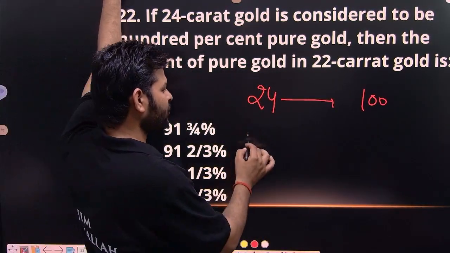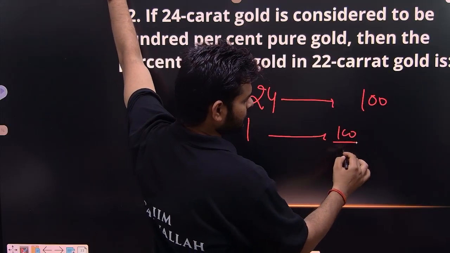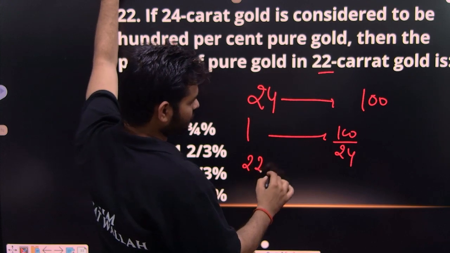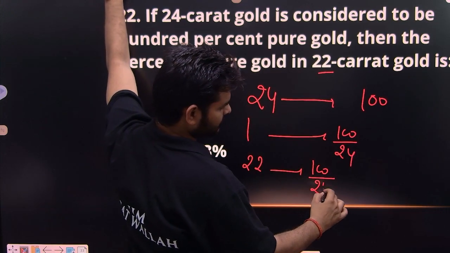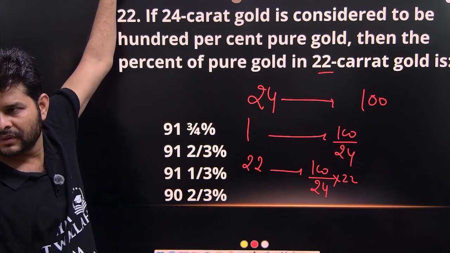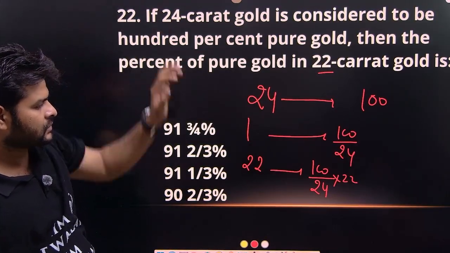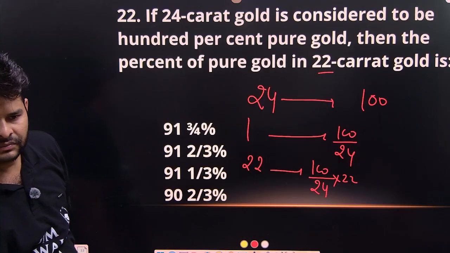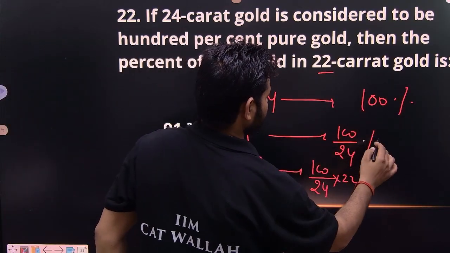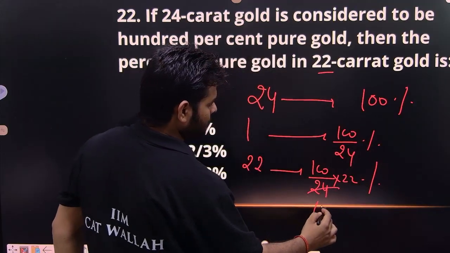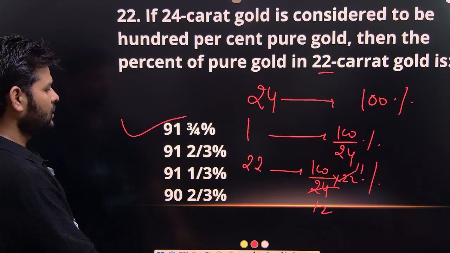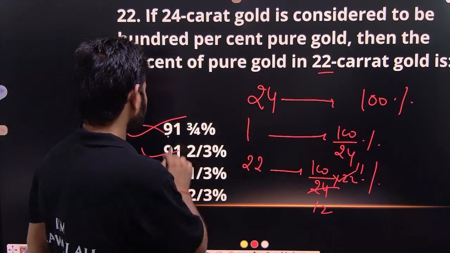Then in 1 karat it would be 100 upon 24. Then for 22 karat, just multiply by 22. So you will get how much percent? If you solve it out, you will get 91 whole 2 upon 3.